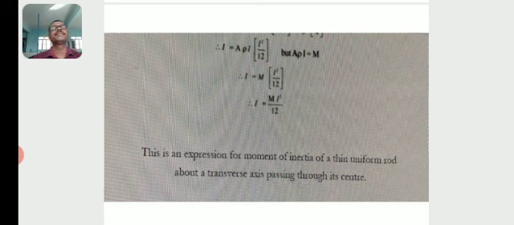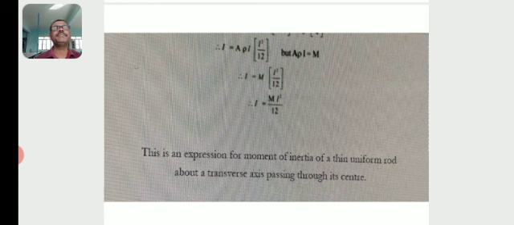So then I is equal to A rho L cube by 12. But A rho L gives M, where capital M indicates the entire mass of the uniform rod. A L gives the volume, then rho density, so density into volume is equal to mass.